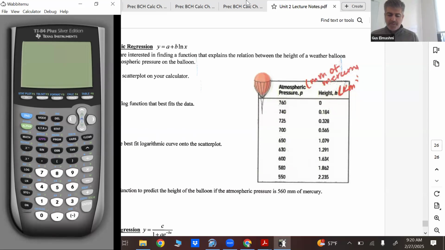For number 2, for your equation, you could round to 3 digits. That's fine. Yeah, 3 digits.